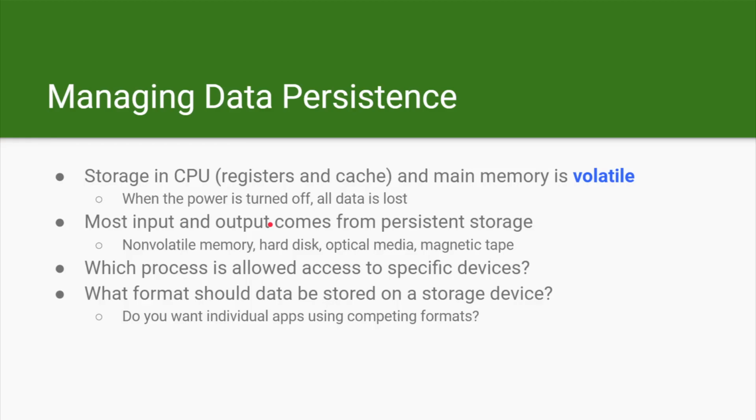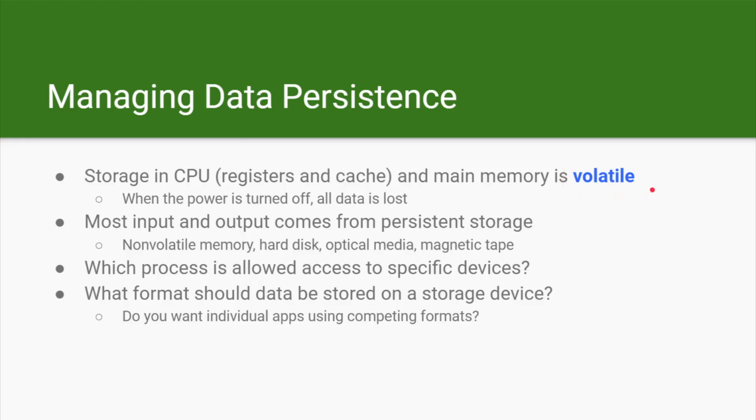So let's talk a little bit about what we do to save data. As hardware, especially memory and CPU, the memory for these particular devices is lost when the power's turned off, and we call this volatile memory.